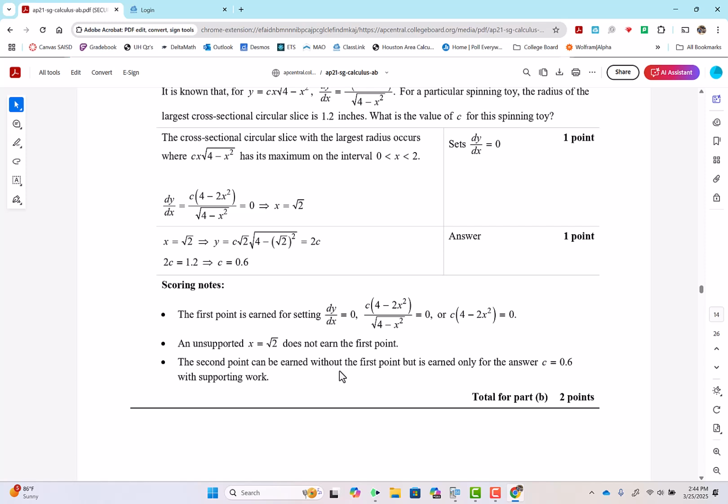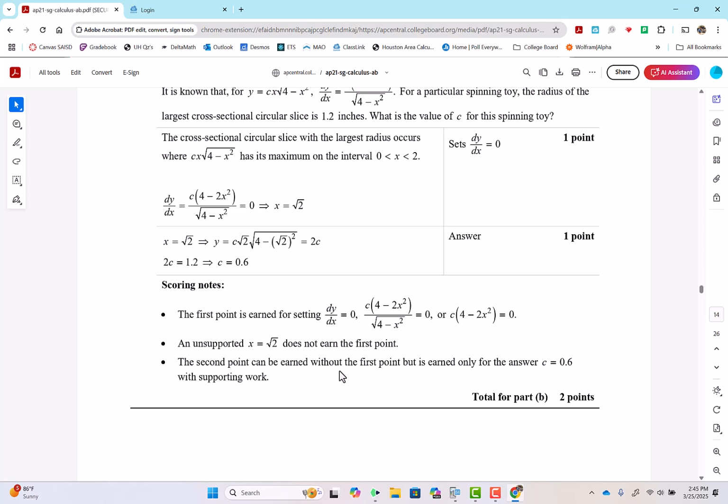Any one of those three, you would have gotten a point. You would have to do that last one in order to solve for it anyway. As long as you have the equation equals 0 somewhere to solve. Let's say you would have solved for x and gotten the right answer. An unsupported x equals square root of 2 does not earn the first point.